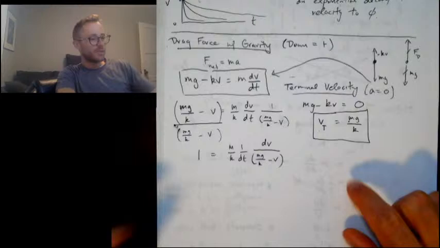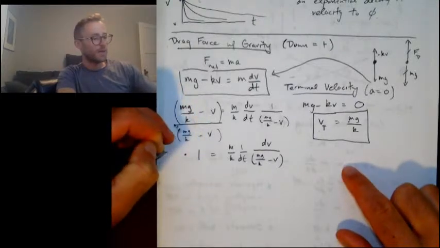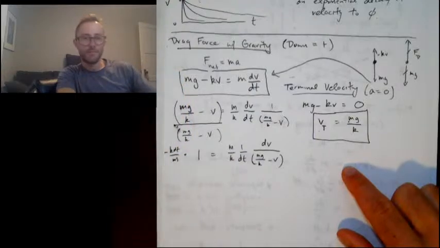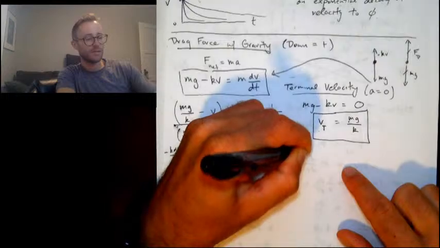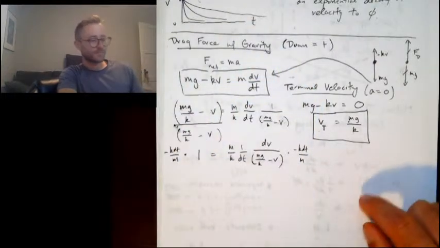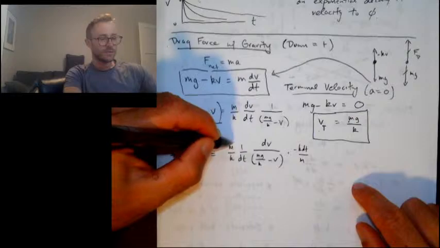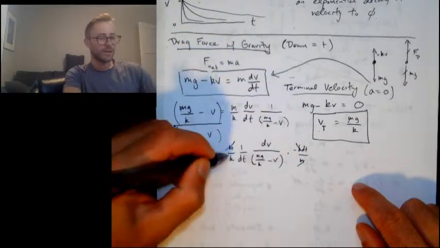And then what I'm going to do is multiply both sides by minus k dt over m. The m cancels out with that m. The k cancels out with that k.